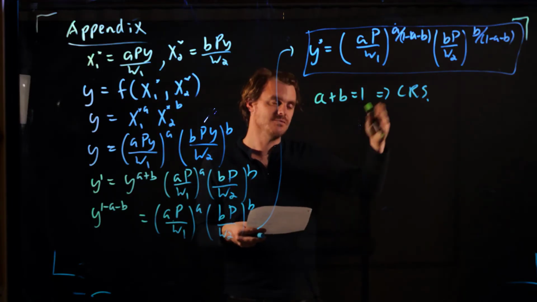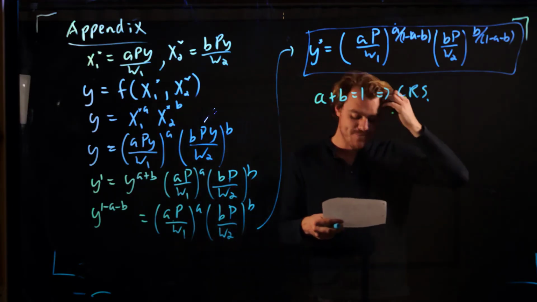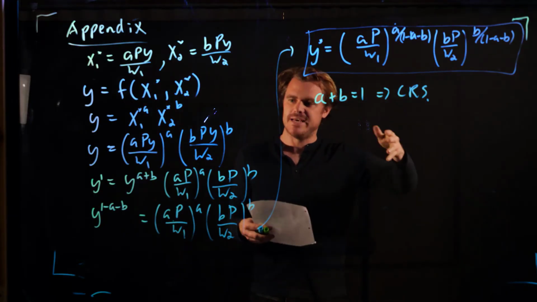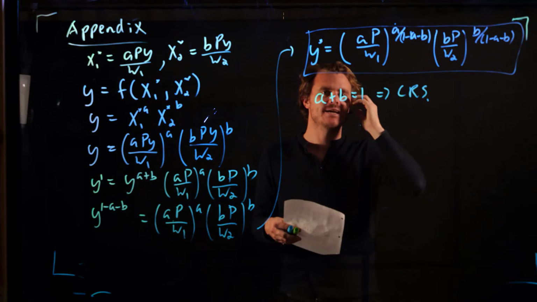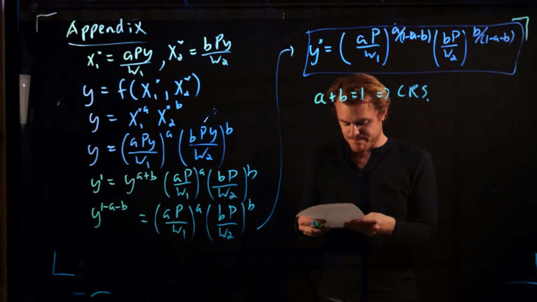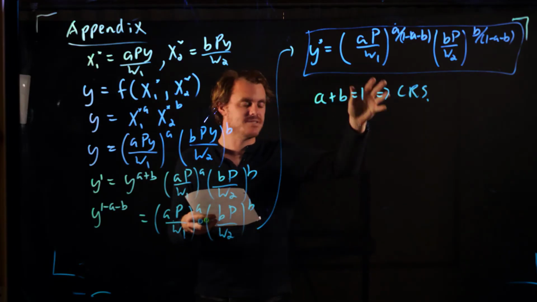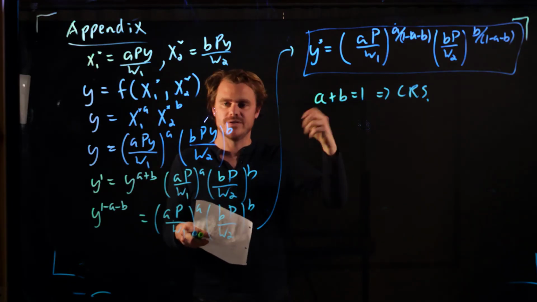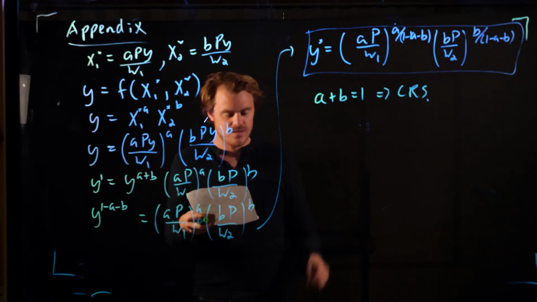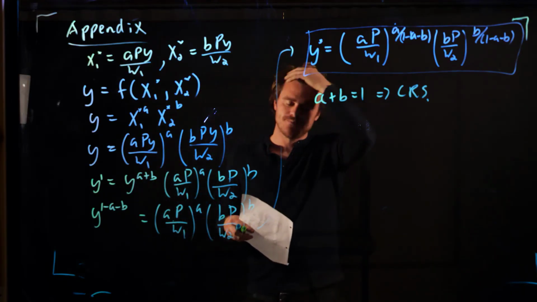The firm is indifferent towards the level of supply. Basically, it just doesn't matter what level you're producing at, as long as prices and inputs are consistent with the zero profit condition. It doesn't matter what level we're producing at.